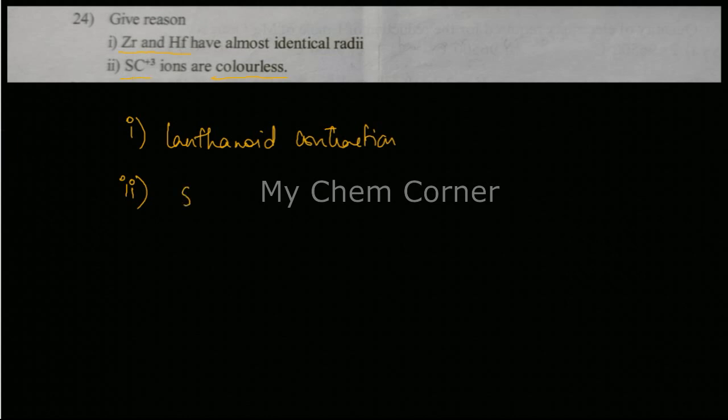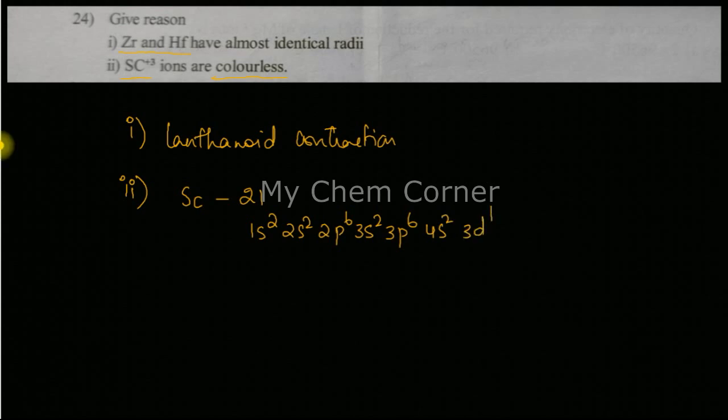Okay, so I'm having Sc, scandium. Scandium is nothing but atomic number 21, the first in the 3d series. So for this, I'm trying to write the electronic configuration. It is 1s2, 2s2, 2p6, 3s2, 3p6, 4s2, 3d1.